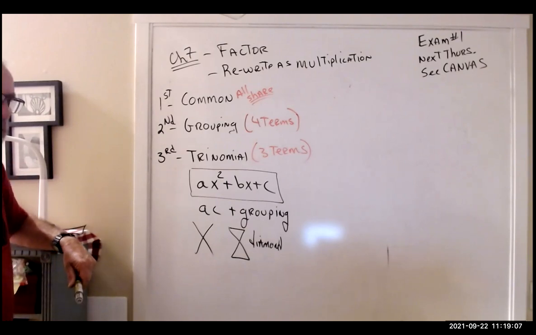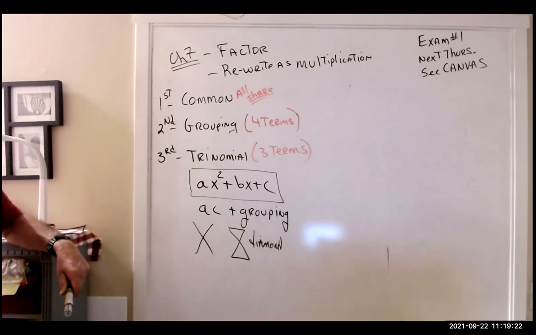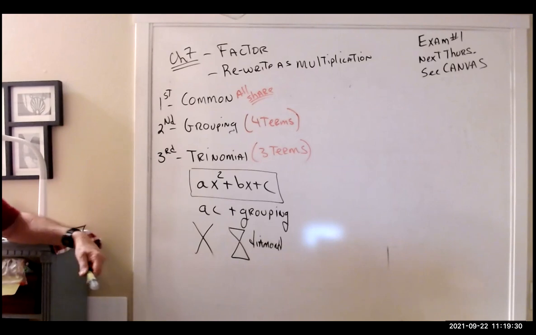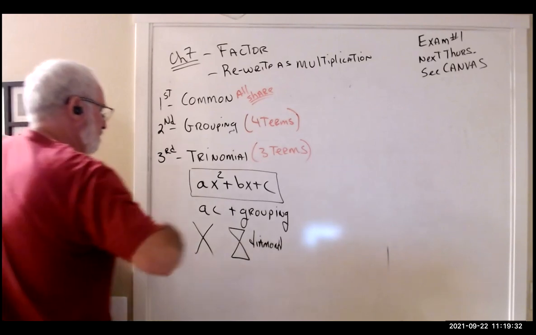There's a much faster way, and books call it guess and check. If you're good at multiplication and addition, subtraction with positive negatives, then the guess and check method will get you the answer in about half the time, usually. But this way will always work. AC plus grouping, that's what we're going to be using.